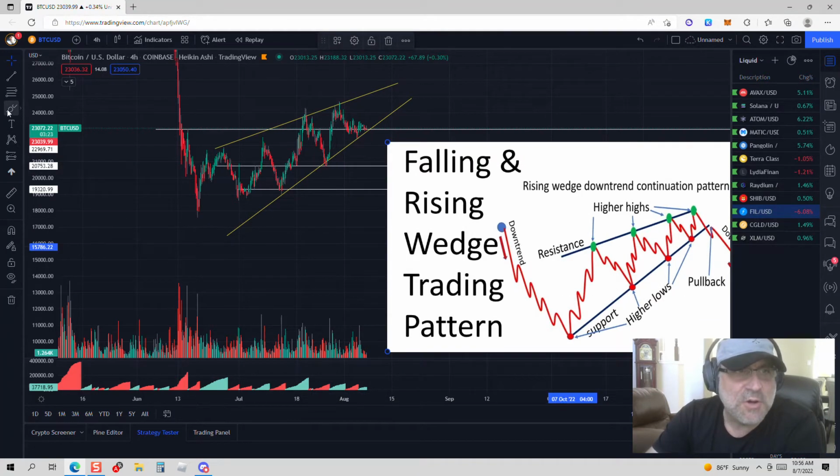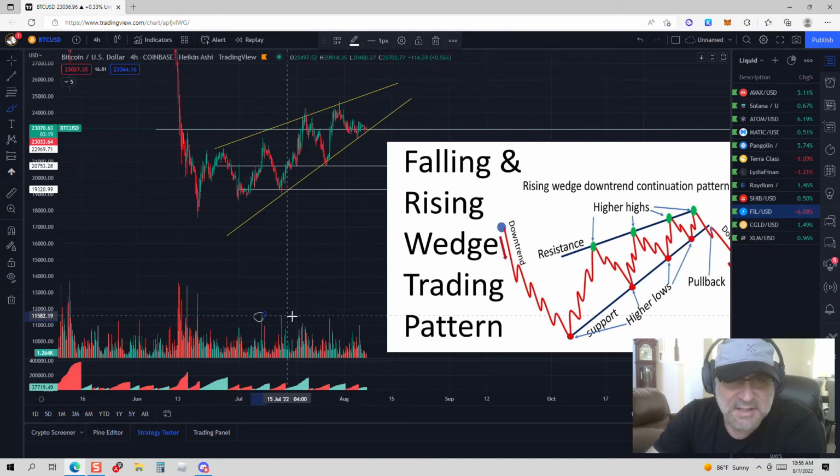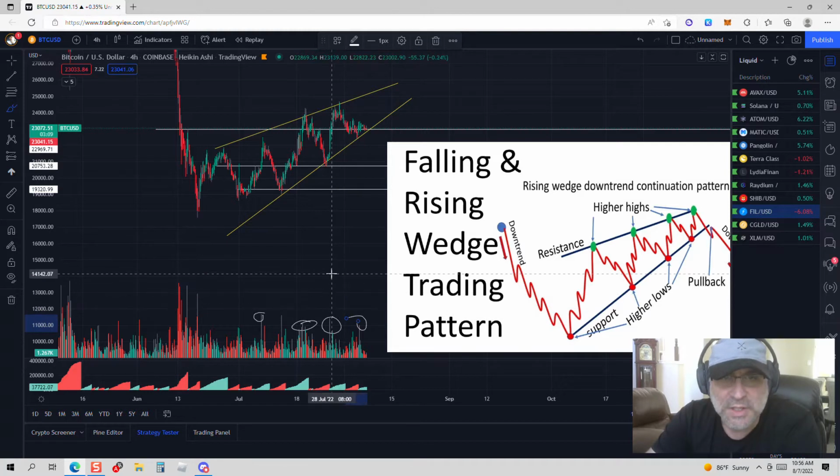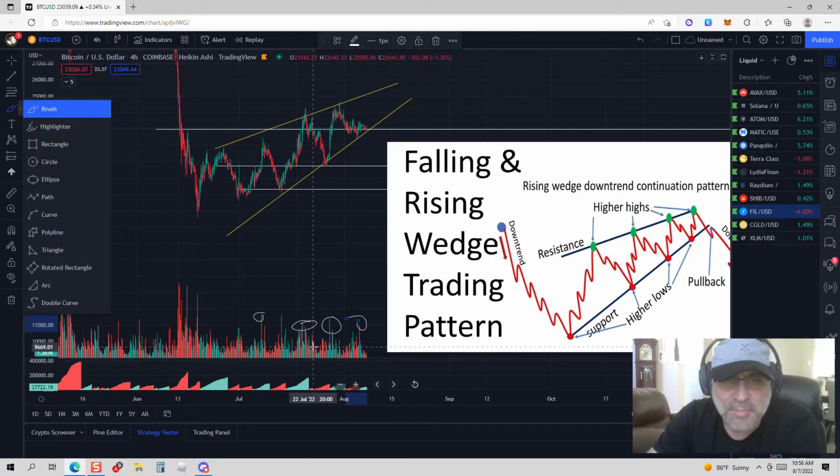So we see that although there is a predominance of demand in this present range, as far as volume goes, we see overall supply increasing on the pullbacks.